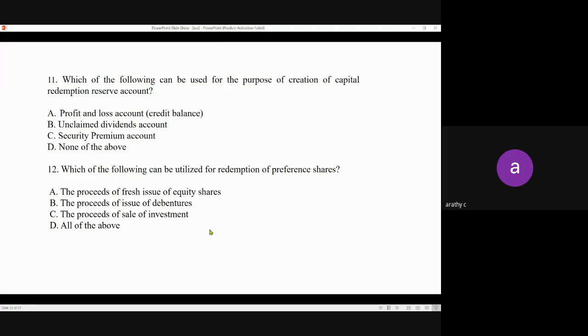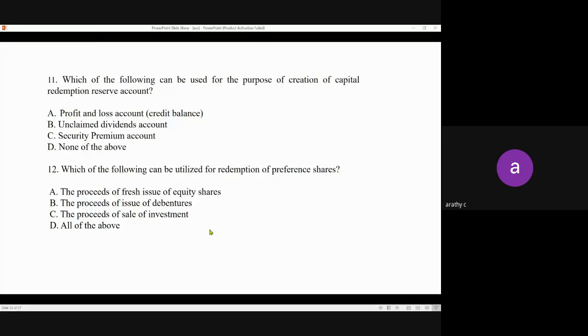Which option is correct? D. All of the above. No, that's wrong answer. Answer A is correct. The proceeds of fresh issue of equity shares.